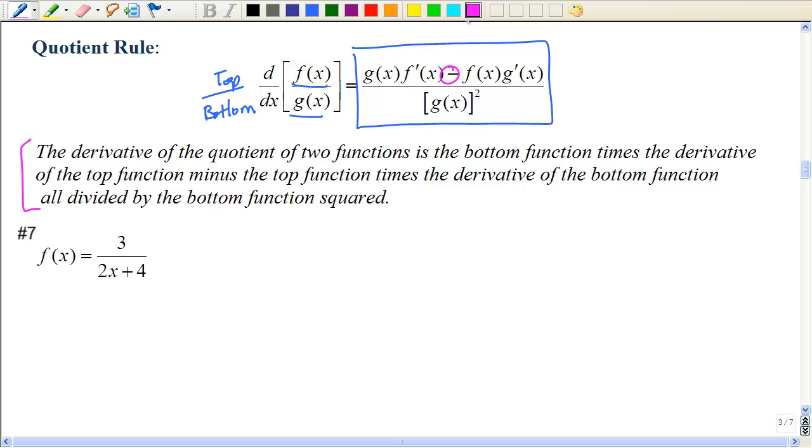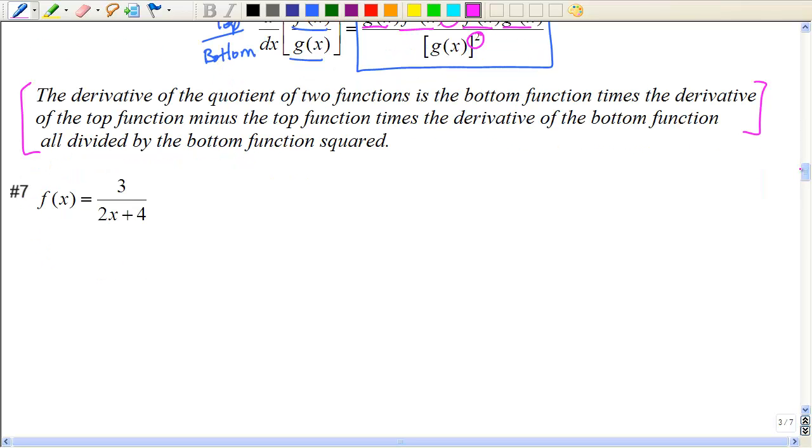All right, so in words, we've got the derivative is the bottom function times the derivative of the top function minus the top function times the derivative of the bottom function, and then you've got to remember all divided by the bottom function squared. So just like the product rule, I had a little organizational thing with the u and the v. We're going to do the same thing with the quotient rule.